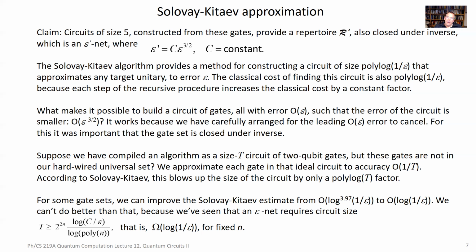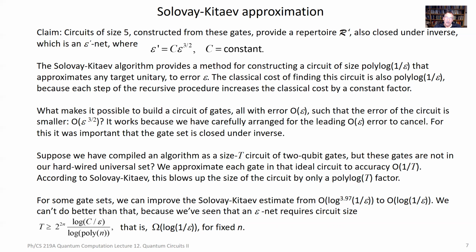And I've got to figure out how to compile your circuit using my gate set, but it's not so bad. For each one of your 2-qubit unitaries, no matter what my gate set is, as long as it's universal, I'll be able to find a circuit of my gates that approximates the unitary that you want to some specified error.